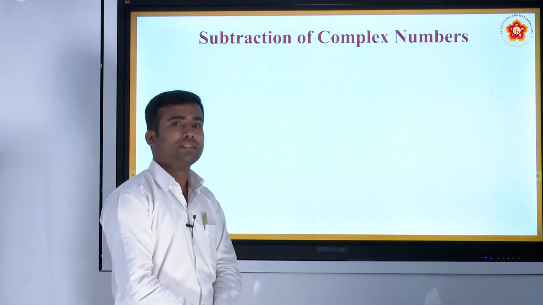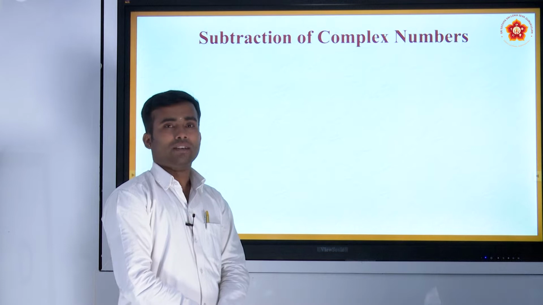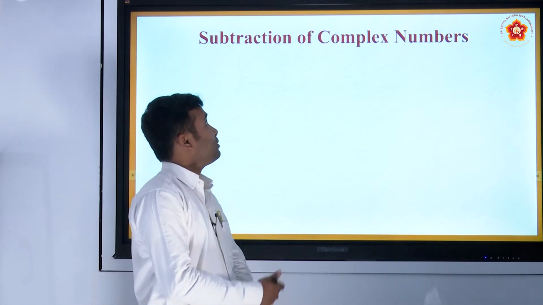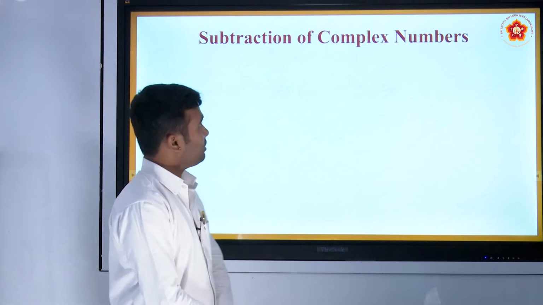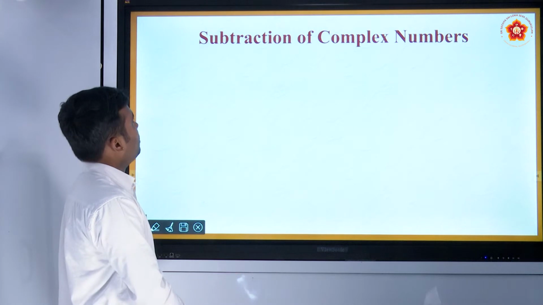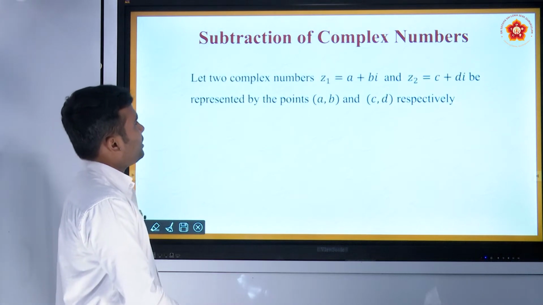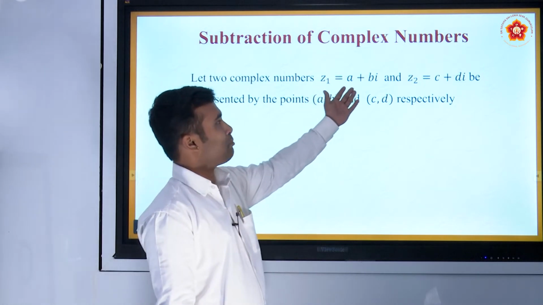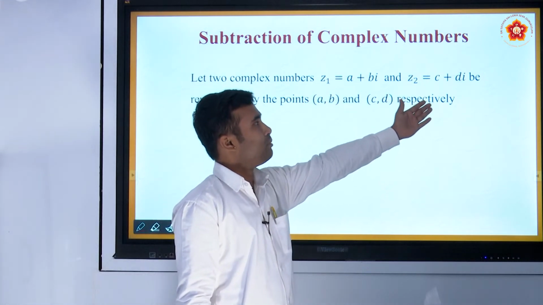In the previous class, we learned the addition of complex numbers, and in the same manner we are going to subtract complex numbers. Let us see how we are going to do subtraction of complex numbers. Here I have considered Z1 as A plus Bi and Z2 as C plus Di.